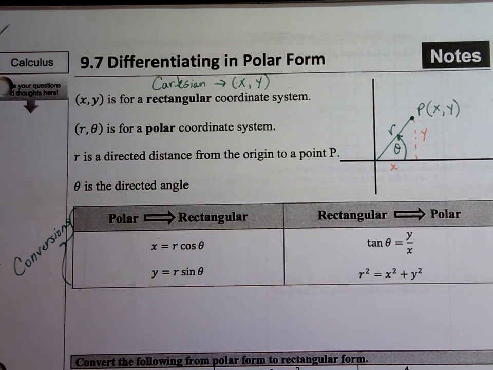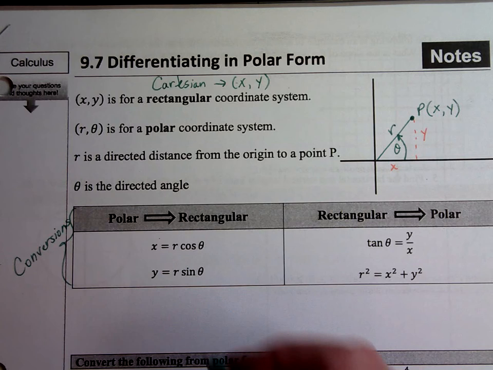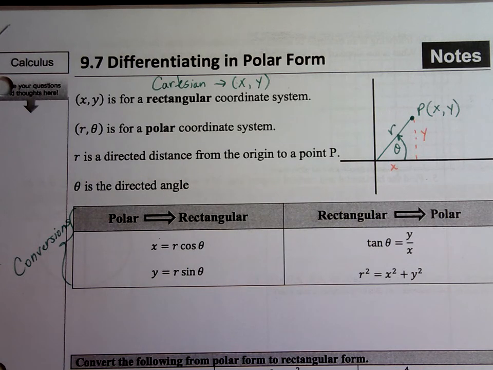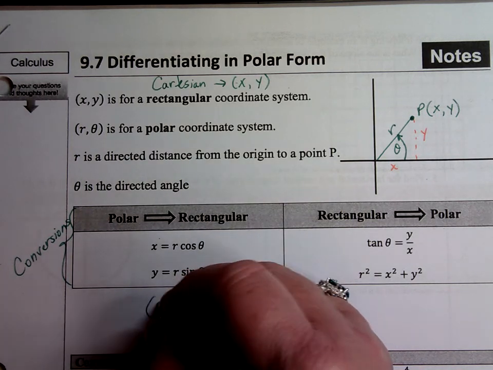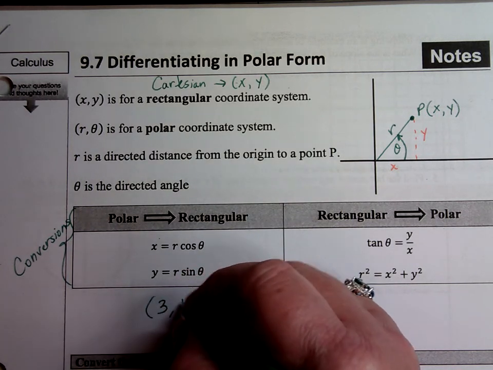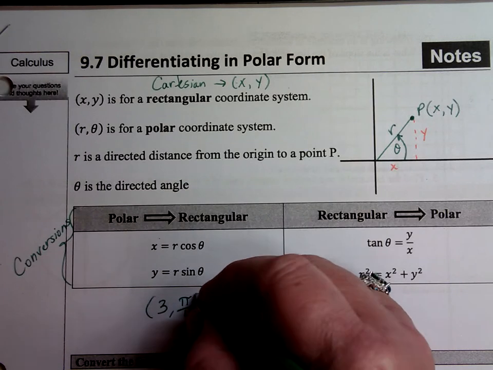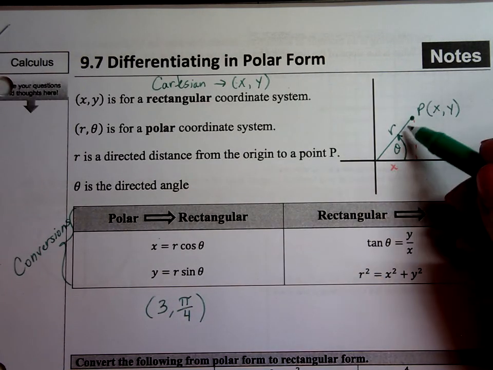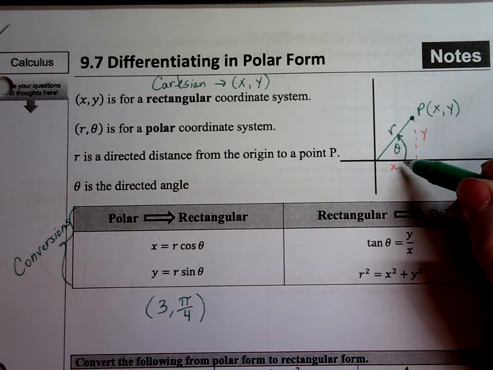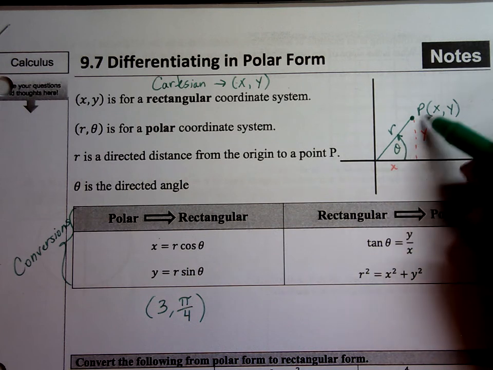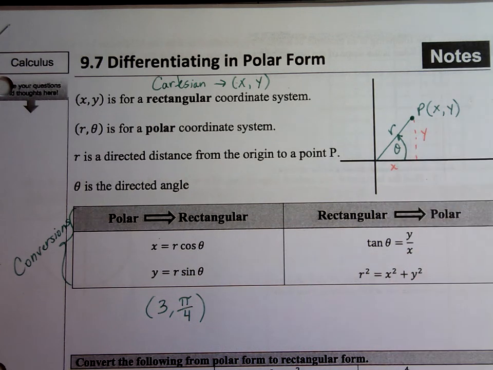Some other things that are interesting about polar coordinates is that they have equivalents in weird places. Like, for example, if I have a coordinate that's 3 comma pi over 4, that means it has a length of 3 and its direction is pi over 4. It's actually almost about what this picture represents.